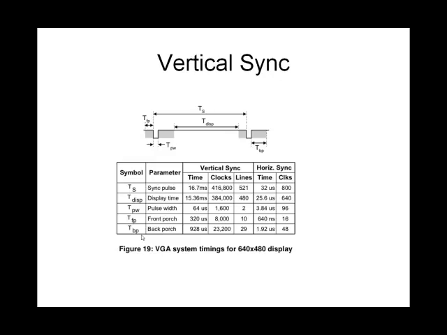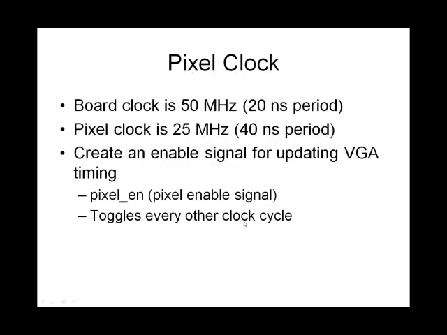In this figure, the amount of time for each region of the vertical sync is displayed in terms of lines rather than clocks. Each line consumes 32 microseconds, and the display time is 480 lines, or 480 times 32 microseconds. The number of lines for each of the other phases is shown here in your table.